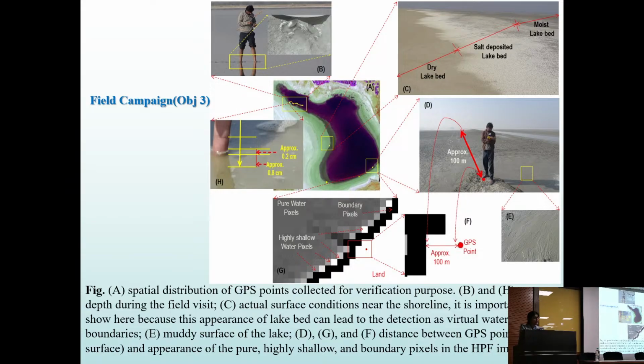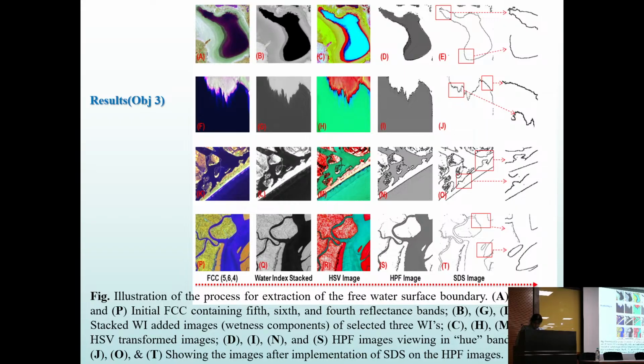So we have taken different points for that, and based on that, by using image analysis techniques and some GIS technique also, we got the single pixel boundary. This is also published.